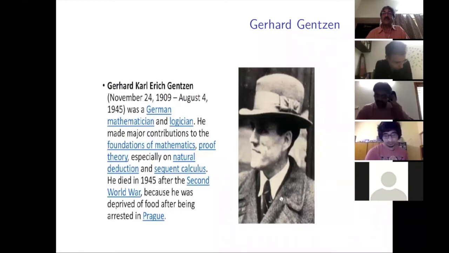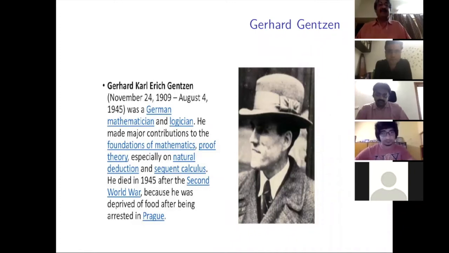Now to sequent calculus. Both natural deduction and sequent calculus were defined by Gerhard Gentzen. Gerhard Gentzen was born in 1905 and died in 1945. He made major contributions to the foundations of mathematics and especially natural deduction and sequent calculus.